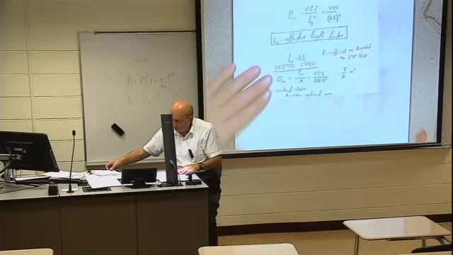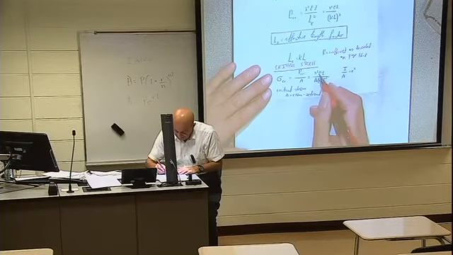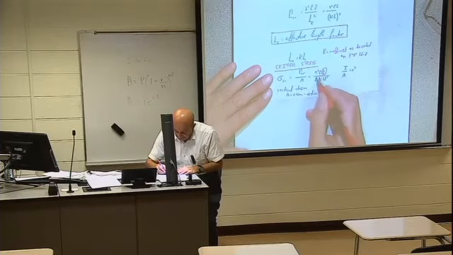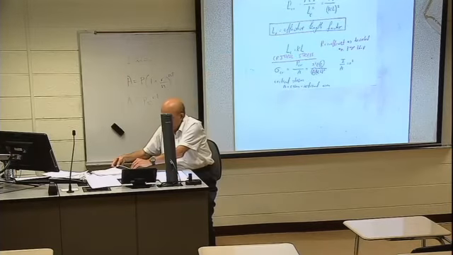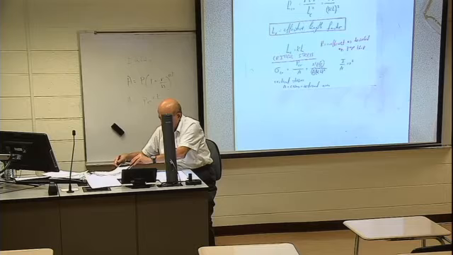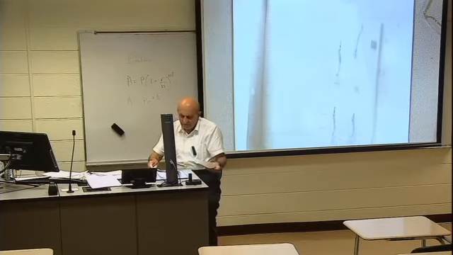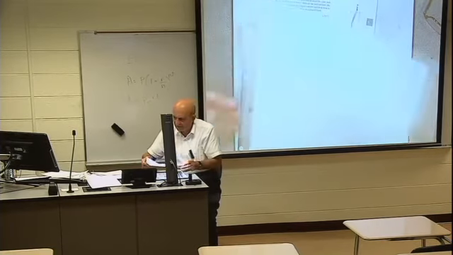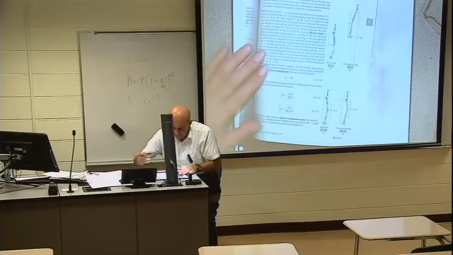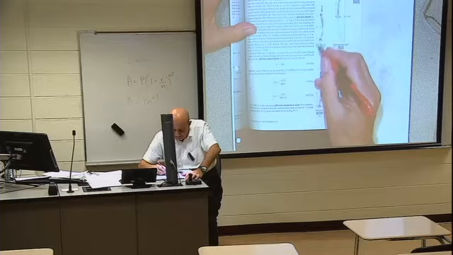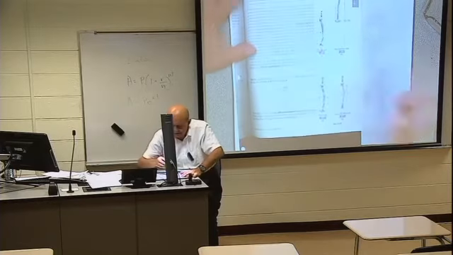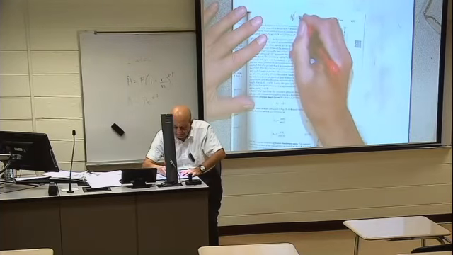So let us continue with this. So there is this I divided by A. So first of all, let us make some observations. That for simply supported or pinned ends, pinned means simply supported, 16.11.